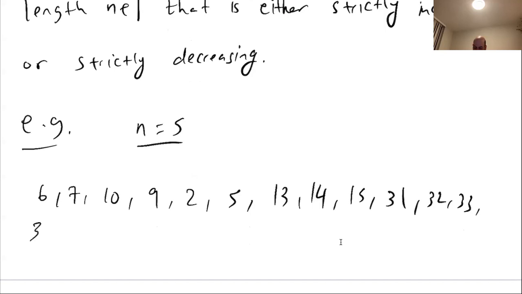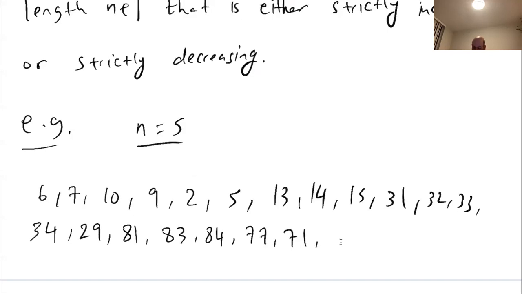Let's say 34, 29, 81, 83, 84, 77, 71, 68, 92, 100, 101, 3, 6, 9, 11, 103. So this is 24.